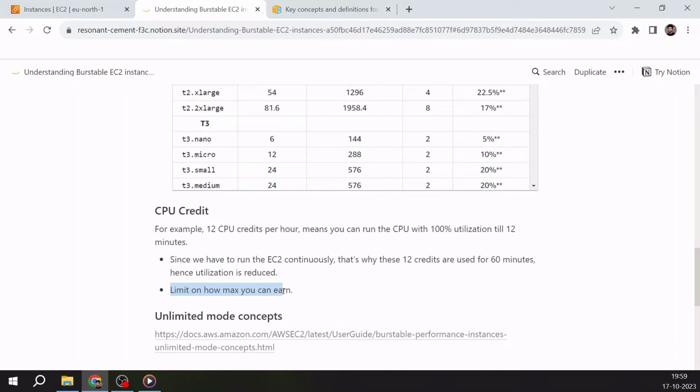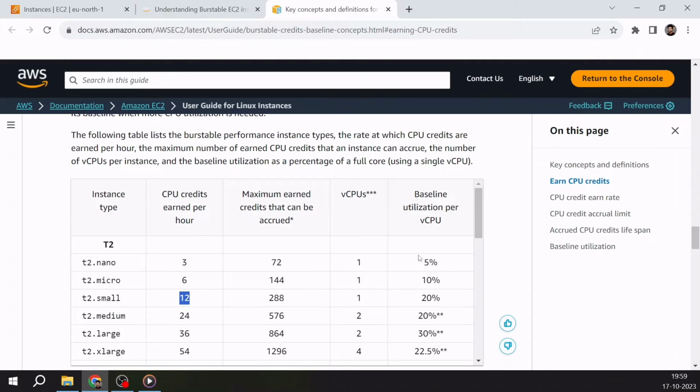Now there is a limit. Okay, so now you understand what a CPU credit is. Let me talk about another scenario. For example, you created this instance T2 small, and your CPU utilization is 10%. You are not even running it at 20%, you are not overutilizing it, you are just underutilizing it.